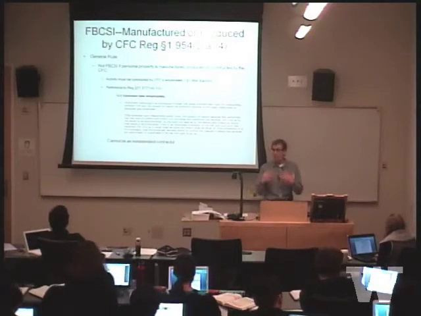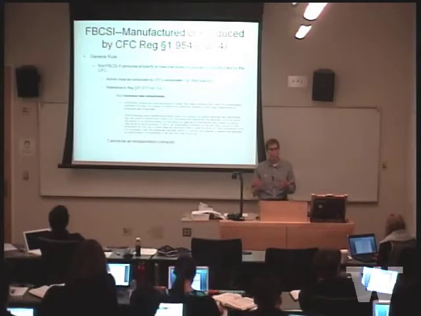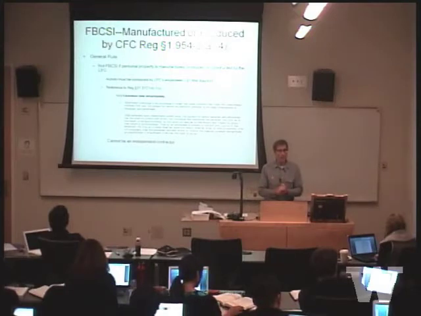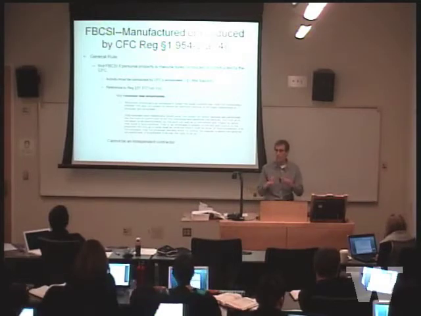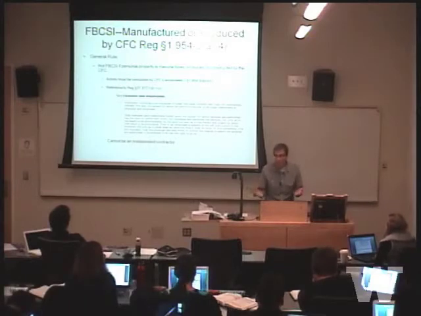But what if the foreign corporation does more than just buy and sell? Well, the concept is if it does more than just buy and sell, well, maybe it shouldn't be foreign-based company sales income.